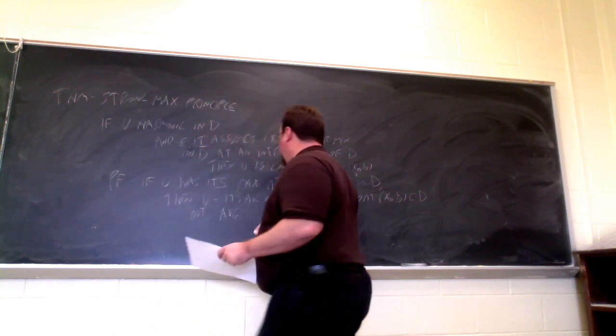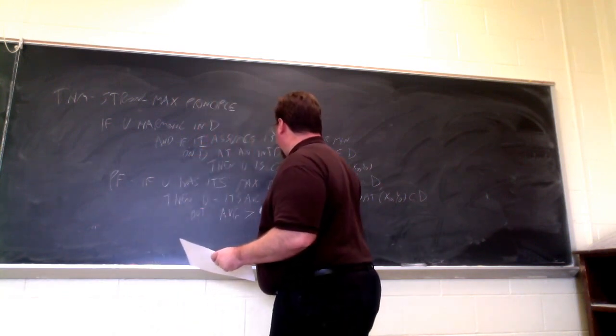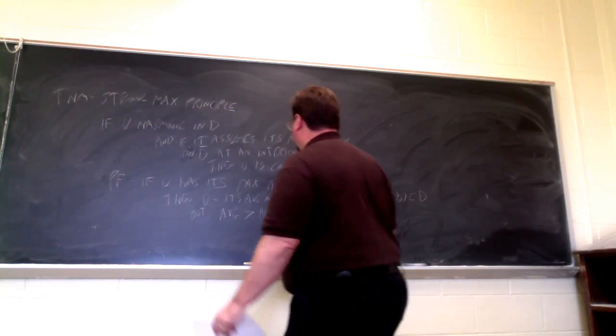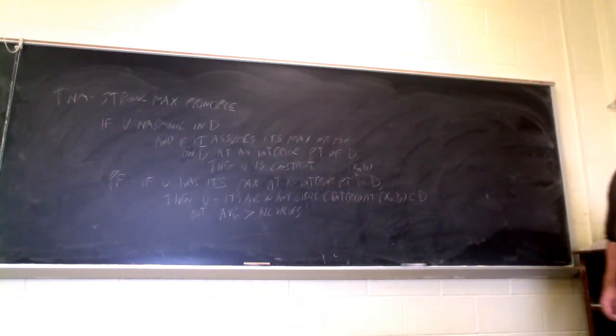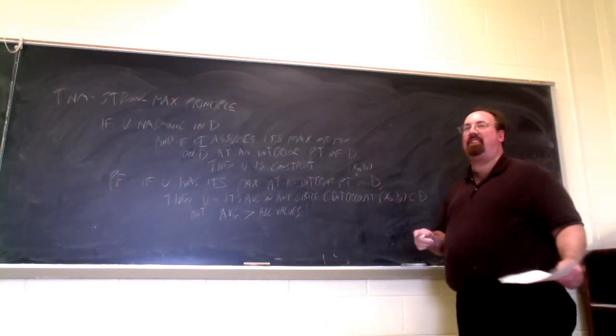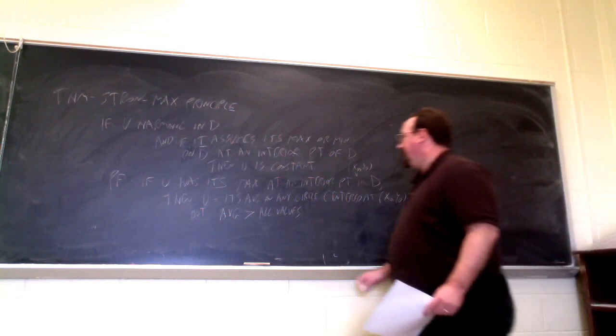But its average cannot be greater than all its values. You're expecting it to be greater than its surrounding values, but if it's greater than all of them, it cannot be equal to its average. So the average has to be somewhere between the max and the min.